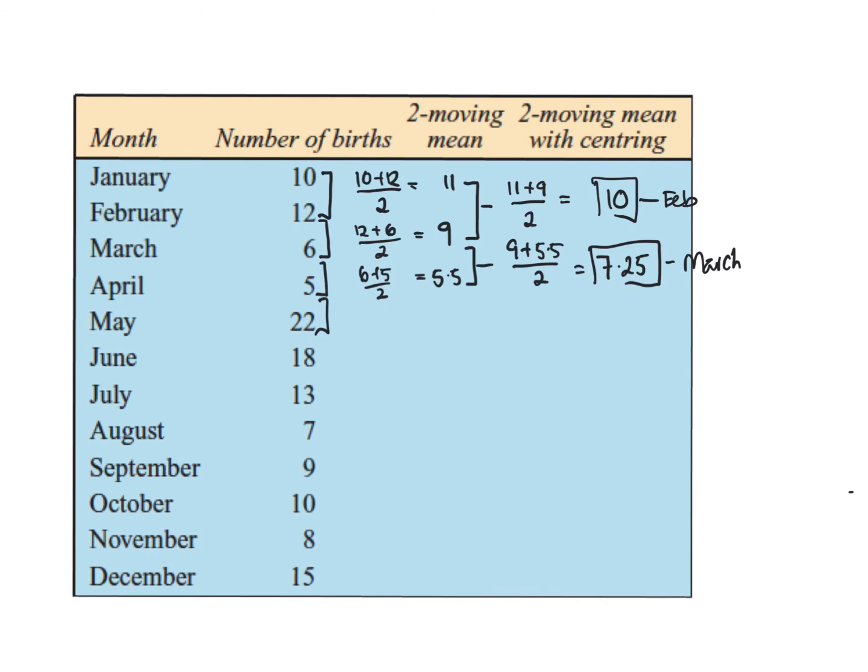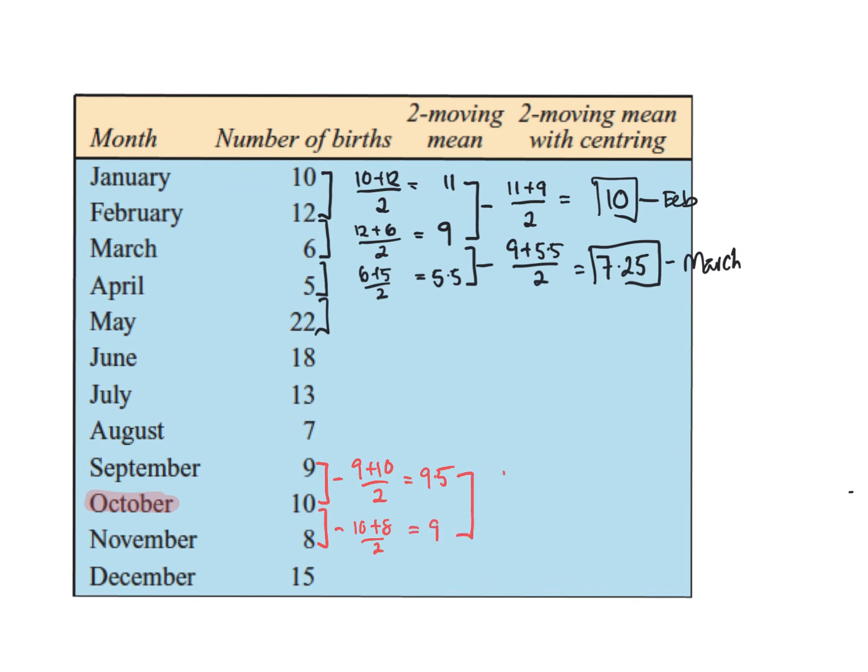So just to show you, because it's hard, generally they only give you one off. So if I go straight down to October, if I had to do October's 2 mean, the first scenario would be I go 1 above it, so it'd be 9 plus 10 divided by 2, which is 9.5, and then I do 1 below it, so 10 plus 8 divided by 2, which is 9.